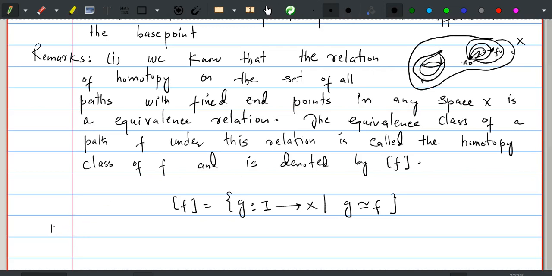Now let us make another remark here. We have proved that the product of homotopic paths is homotopic.